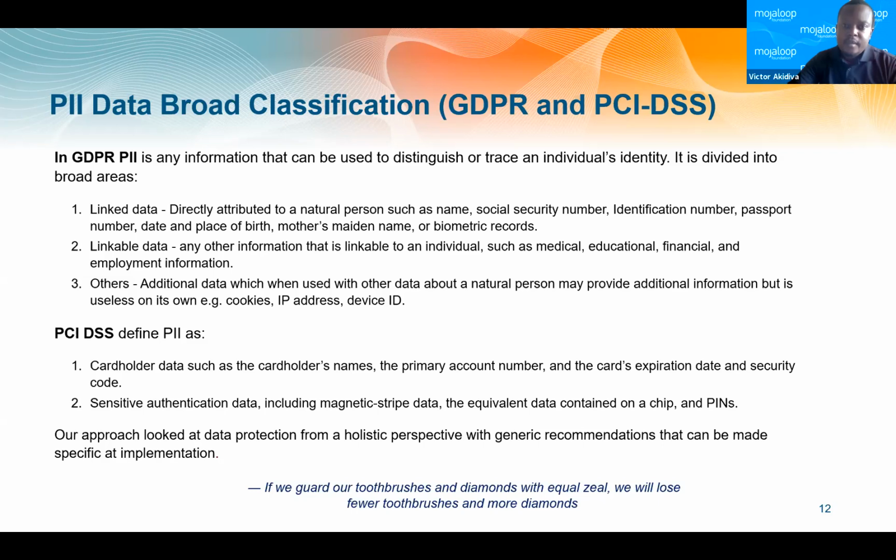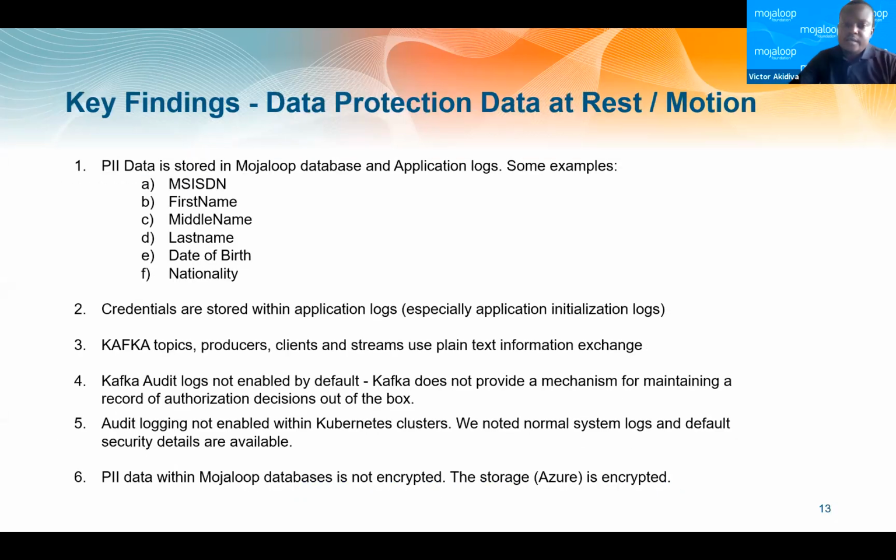Next. So some of our key findings in this case, we identified that yes, we do have PII data within the application processing, as well as the logs being stored within the system. We also went further in our log analysis to identify that we have some instances of credentials being stored within the application logs.